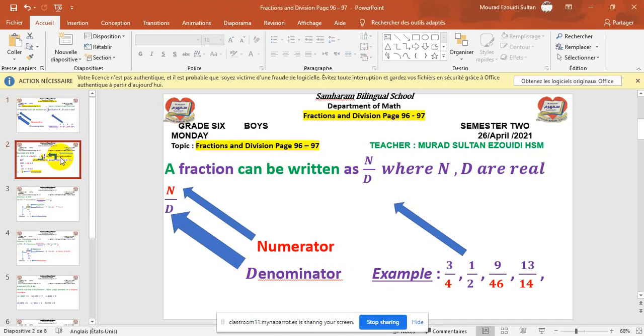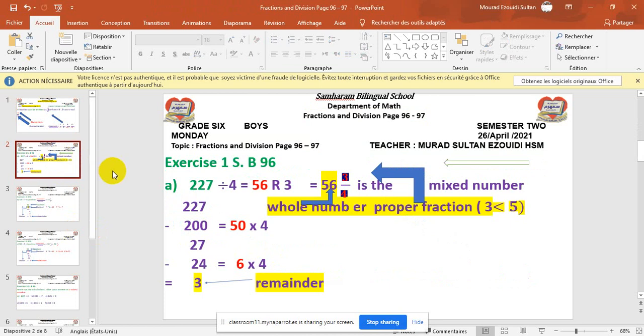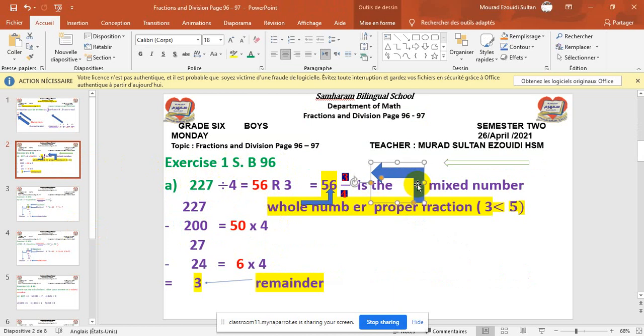So the next part, we'll open your exercise. Exercise 1, student book, page 96. The question is, divide 227 by 4. Here we can see I will use repeated subtraction to divide 227 by 4.